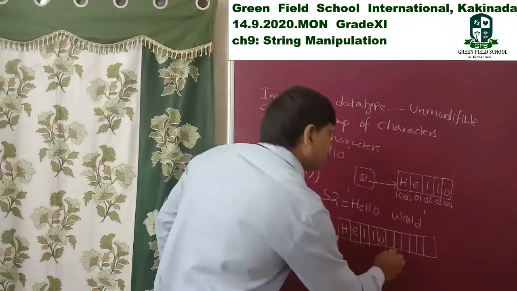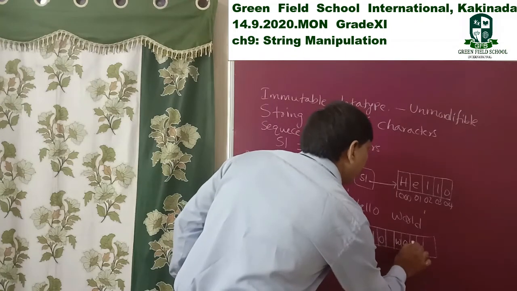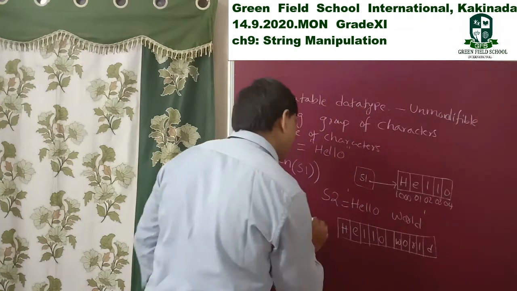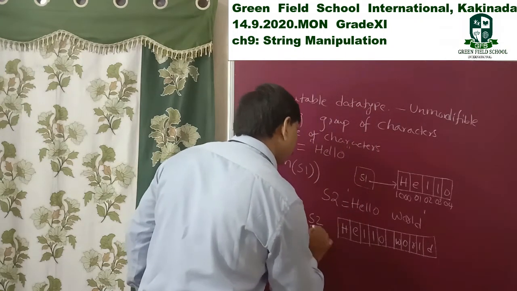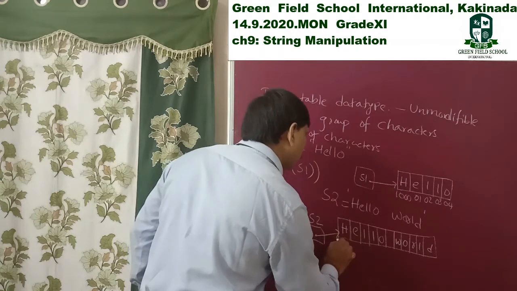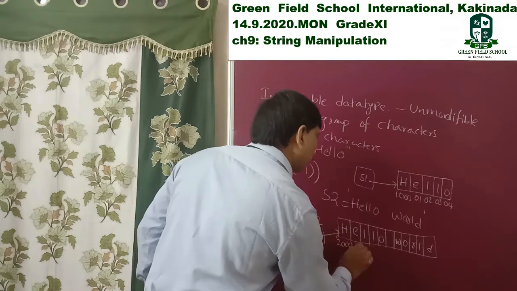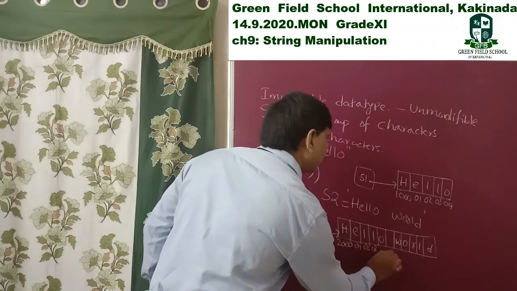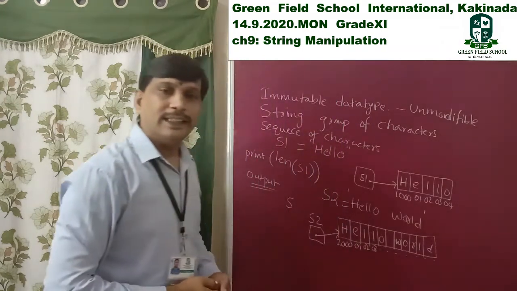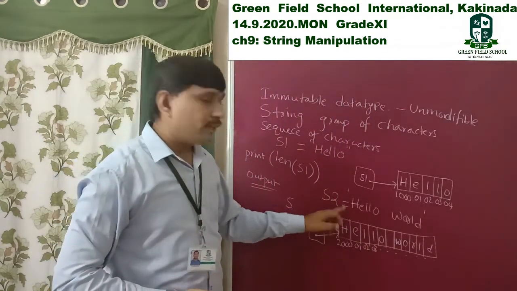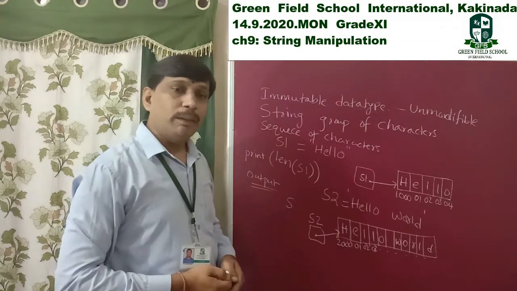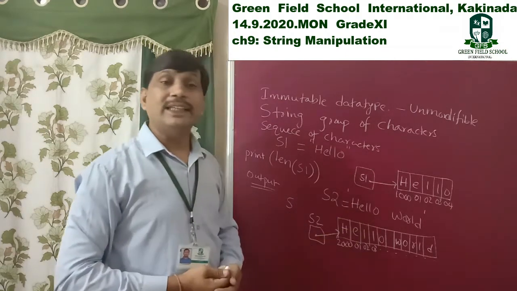Next I take here world. Observe here. This one is S2 in memory. Suppose at 2000 memory location, 2001, 2002 and so on. I display here the memory organization of this string S2.